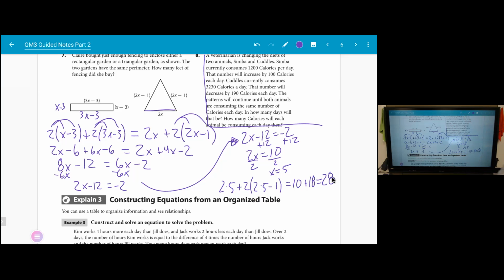So in other words, I wrote really big, I know. She bought 28 feet of fence.